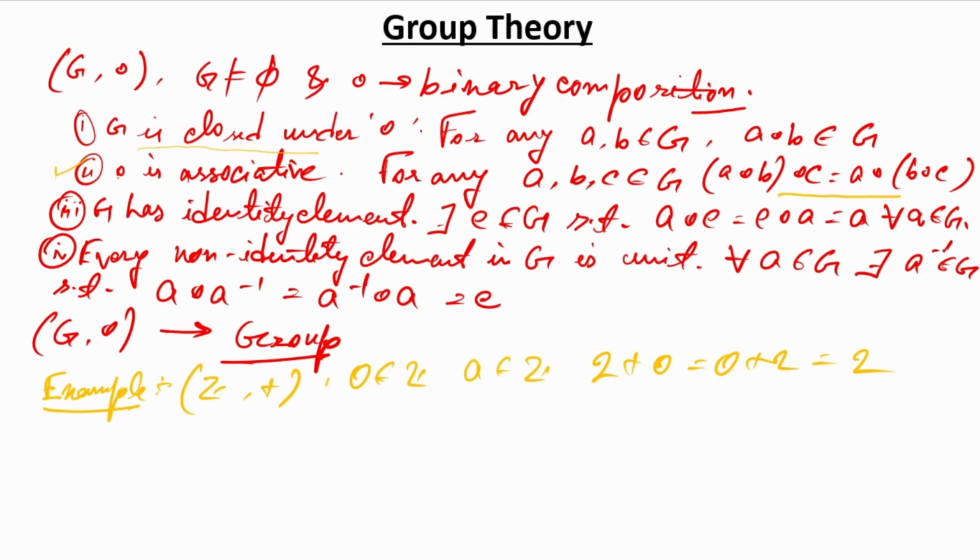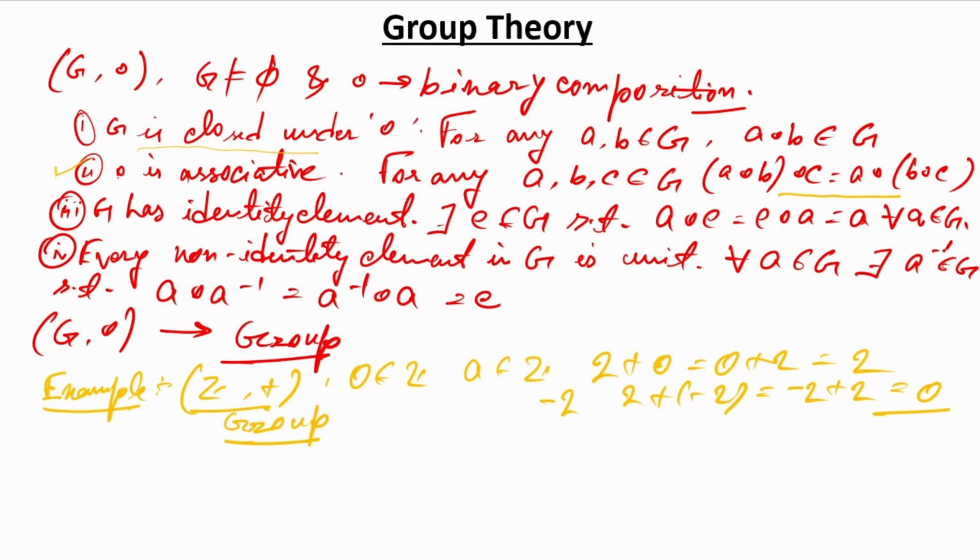So suppose we take 2, then what is the inverse of 2 with respect to addition? That is minus 2. So you add 2 with minus 2, that is equal to minus 2 plus 2, you will get the identity 0. So all the four properties are satisfied here. So this Z comma plus is a group.